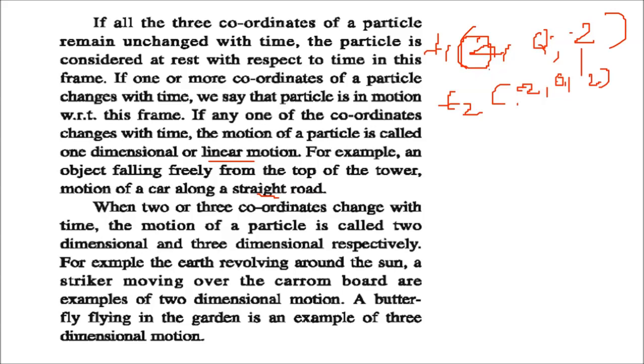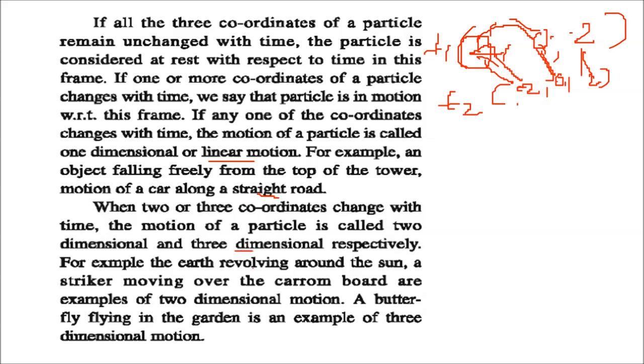Now, when two or three coordinates change with time, not just one, the motion of the particle is called two-dimensional or three-dimensional. One coordinate changing gives linear motion. Two coordinates changing gives 2D motion. When three coordinates have changed, we say it is 3-dimensional motion.